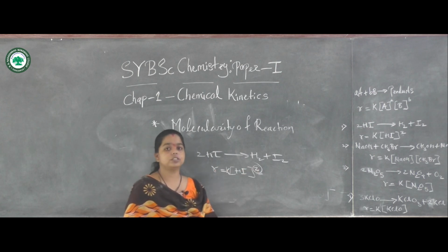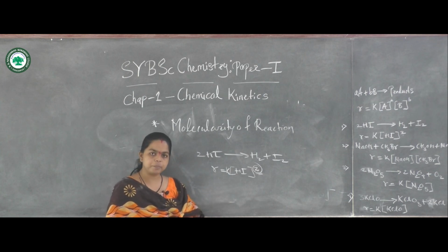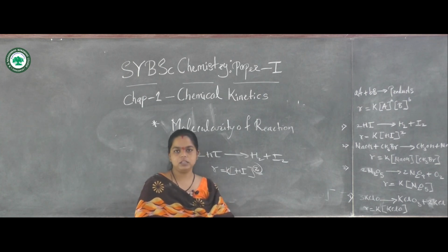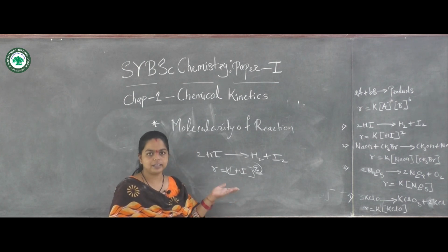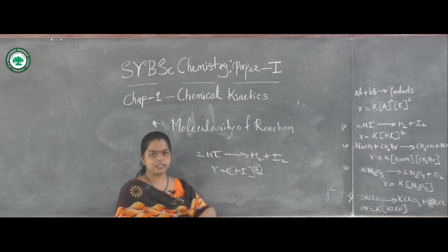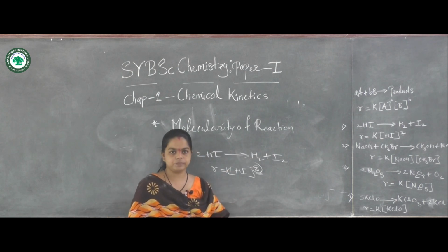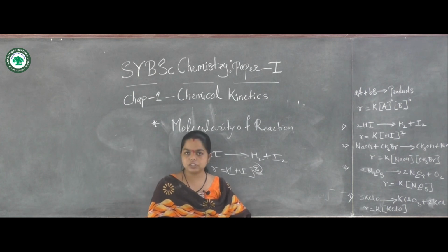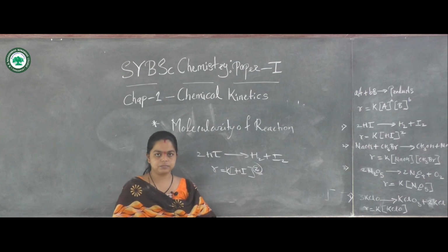In some cases, order and molecularity may be the same or they may be different. Molecularity is the number of molecules that are involved as reactant molecules in the elementary reaction. Now an elementary reaction is only a one step reaction. We know that a reaction may occur in one step, two steps or many steps.